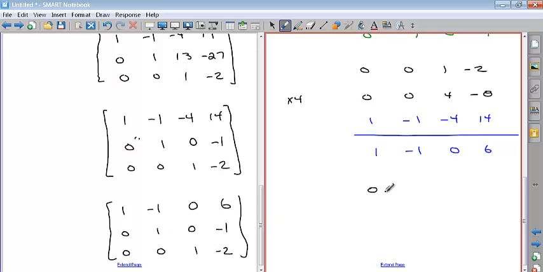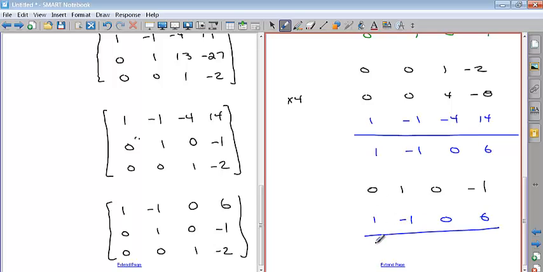So we're going to take the second row, and we don't have to multiply it by any constant because it's already 1, and we don't have to change the sign, so we're just going to add that to the first row. So this is the first row, and then we add both together.